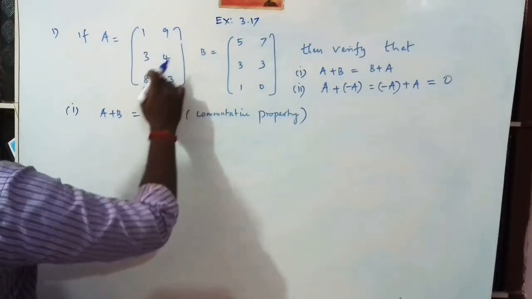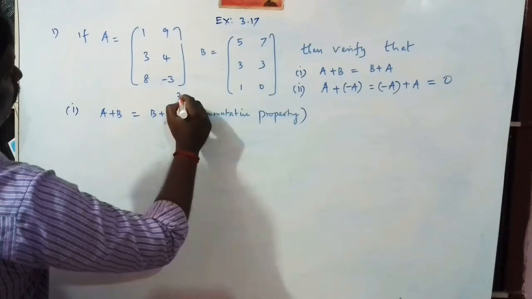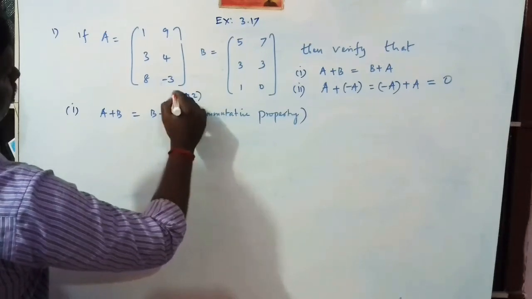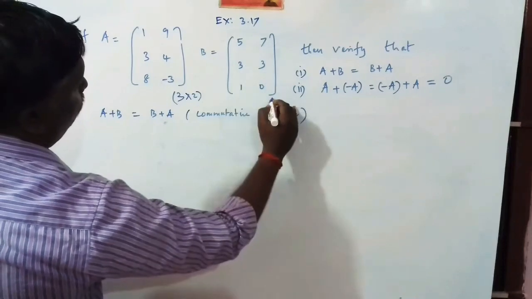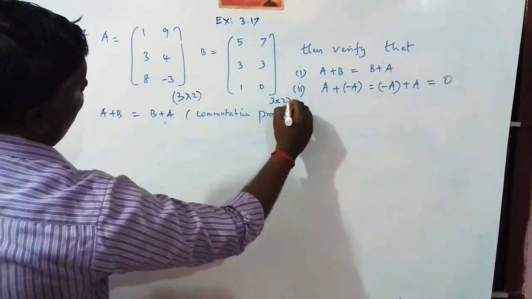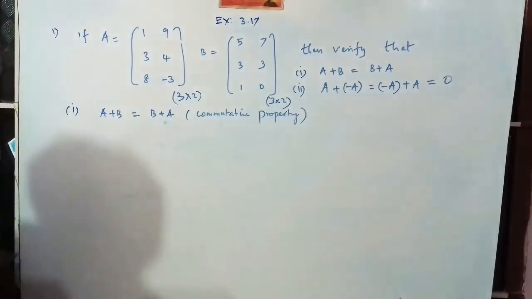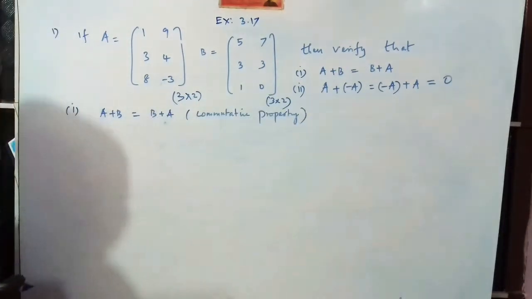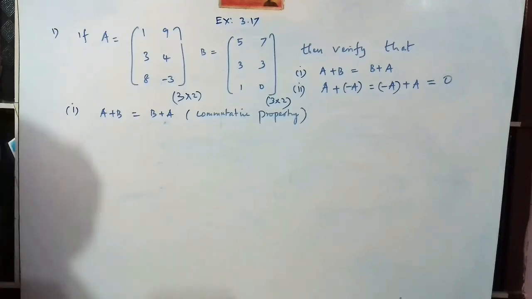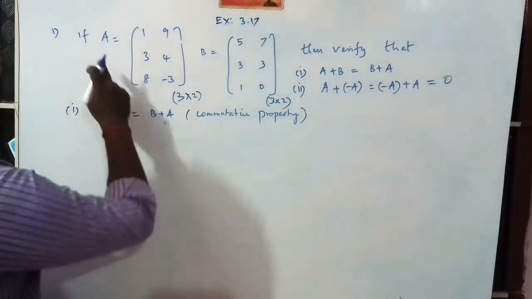First row, second row, third row, so 3 rows and 2 columns. The order of B is also 3 rows and 2 columns. Both the orders are same. Therefore, the two matrices can be added.